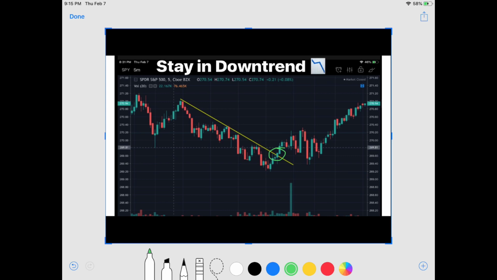And when it broke that resistance line, well, it really wasn't accompanied by rising volume during the breakout. But that's how you stay within your downtrend. So you would have made all this money right here with a put option by staying within your trend line.